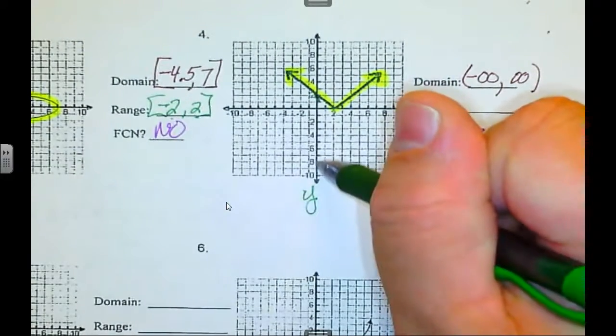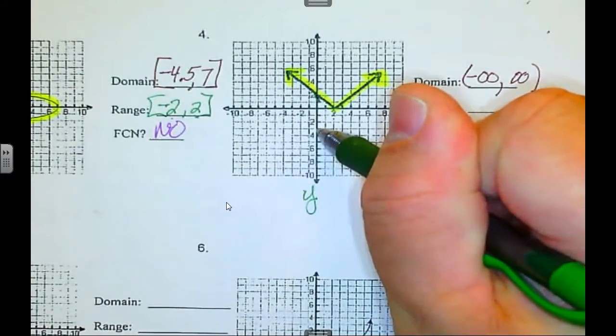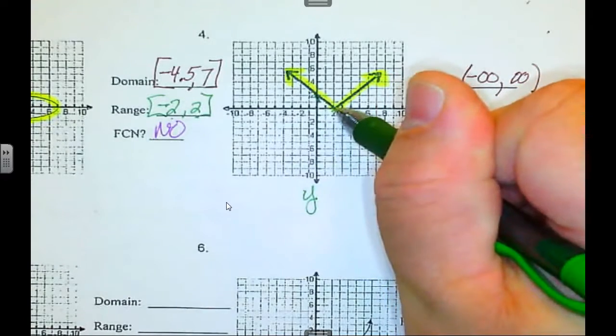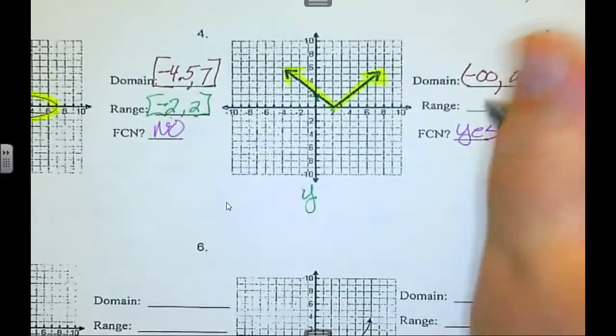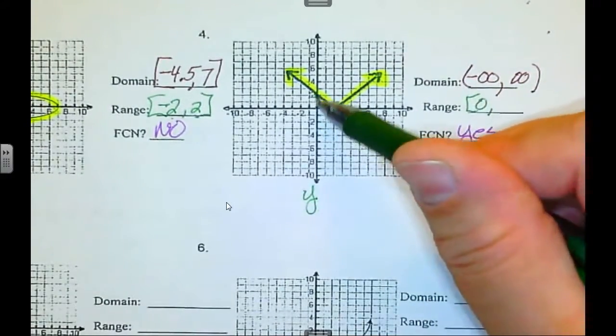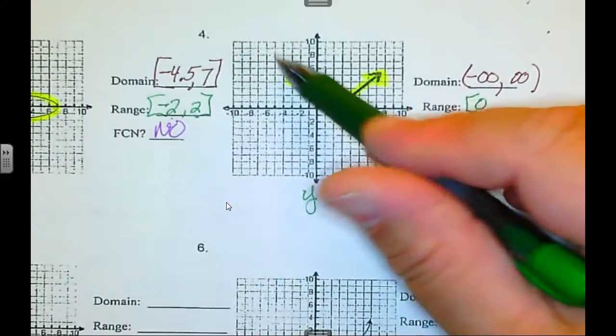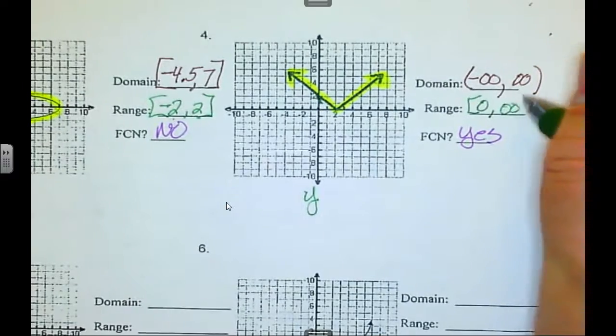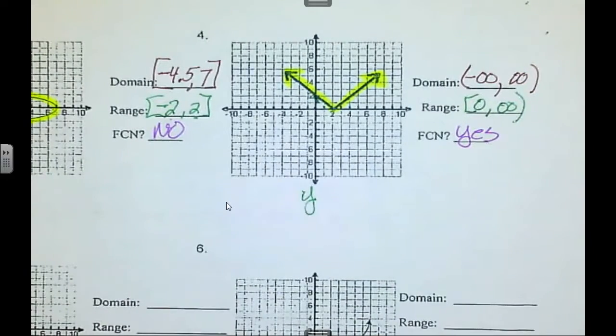This is my y-axis: negative 3, negative 2, negative 1, 0. That's where it starts. And then it's going to go up to infinity. These go on forever. Is it always going to be like this? Maybe.